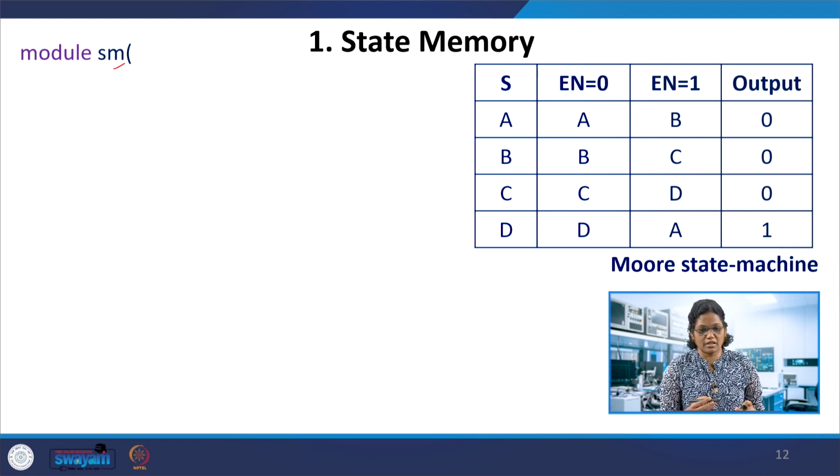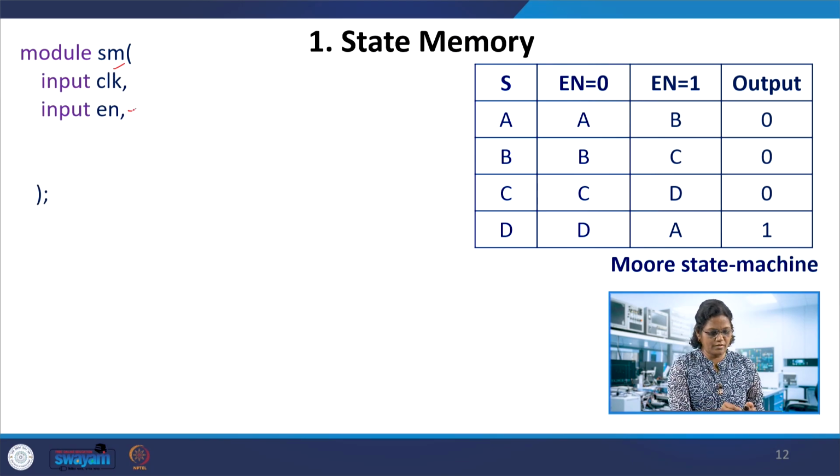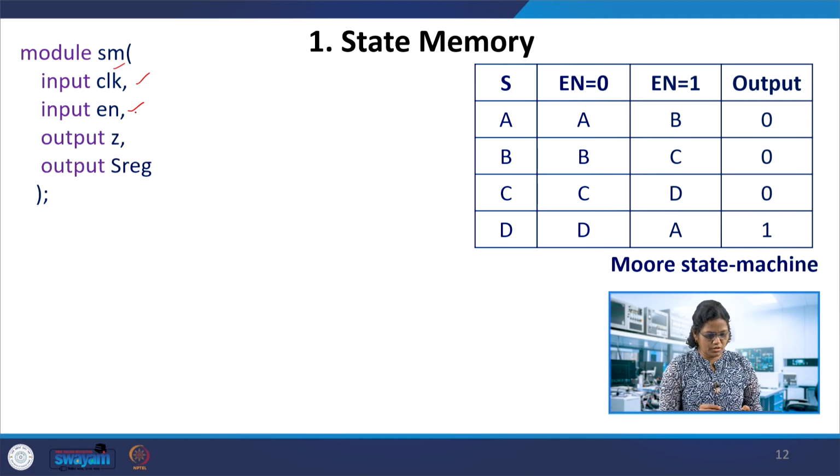We have enable, X, and of course the clock for the state memory. If you recall the diagram we had, the state memory needs a clock. So clock and enable are the two inputs, then the output of the output logic, and sreg, which is the current state. We take the output and the current state just to check whether the current state is moving from one to another.